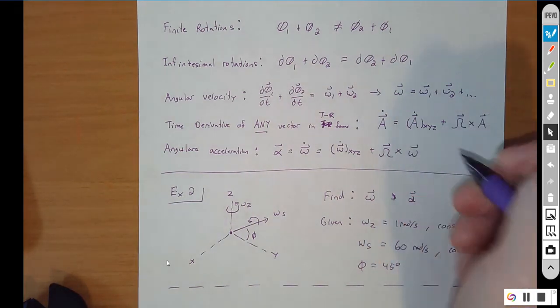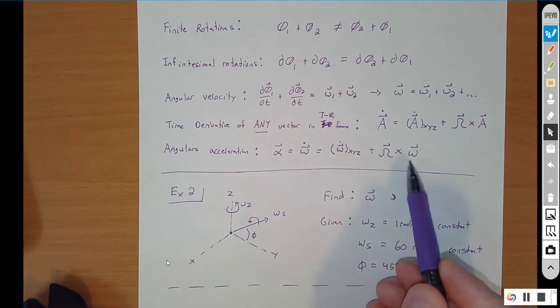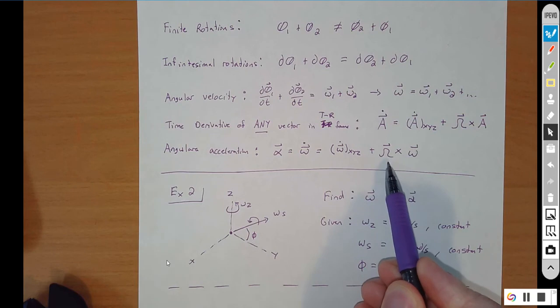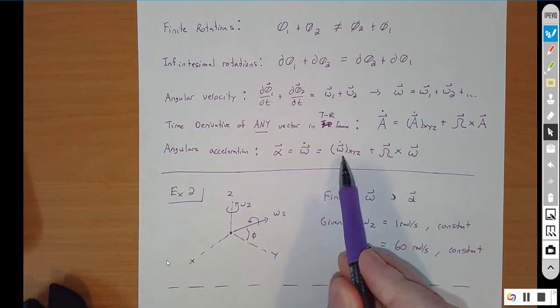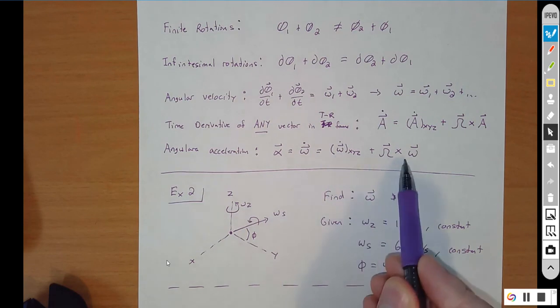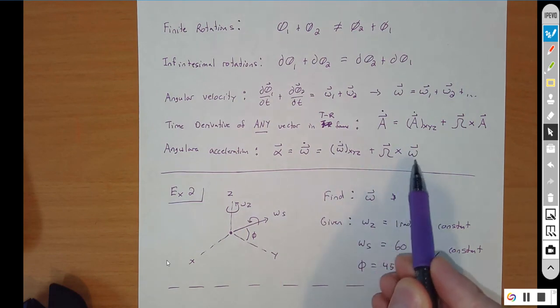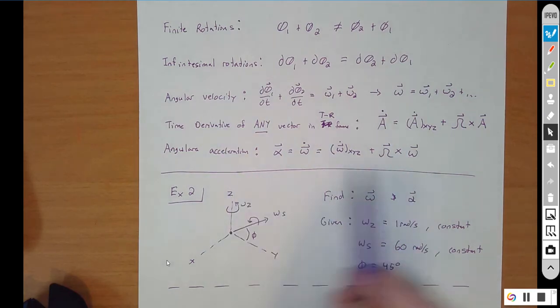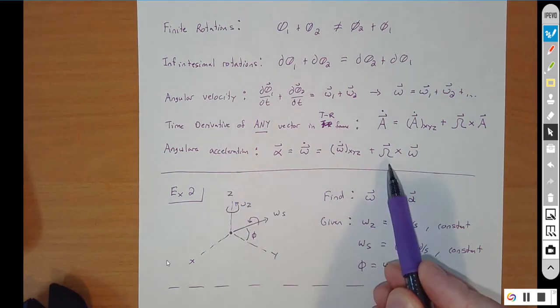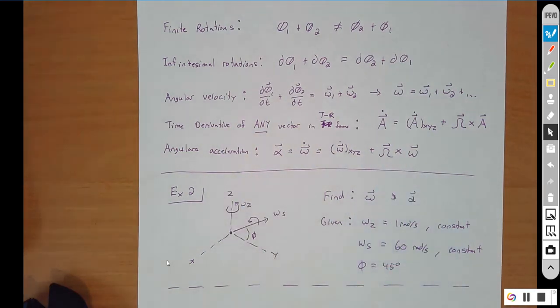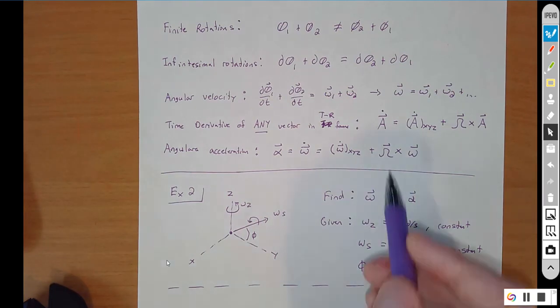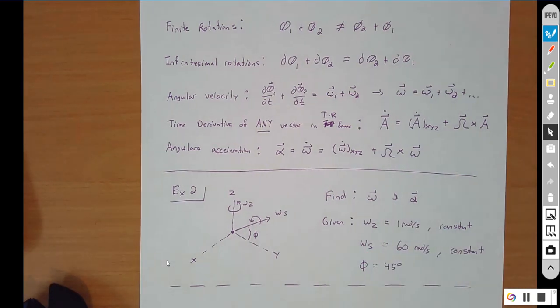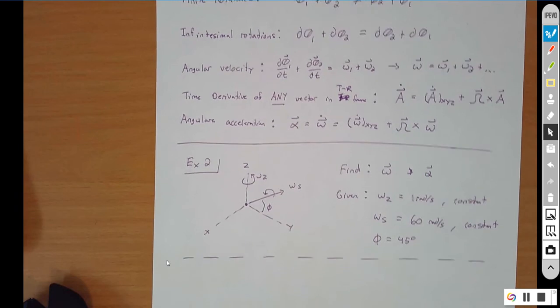Cross it with omega. And the neat thing that happens is, if I have constant angular velocity but the coordinate system is rotating, I still get an acceleration even if the stated acceleration is 0. So constant angular velocities can give me angular accelerations if there's a rotation in the coordinate system. That's what this means. So let's look at example 2, and we'll apply these equations.